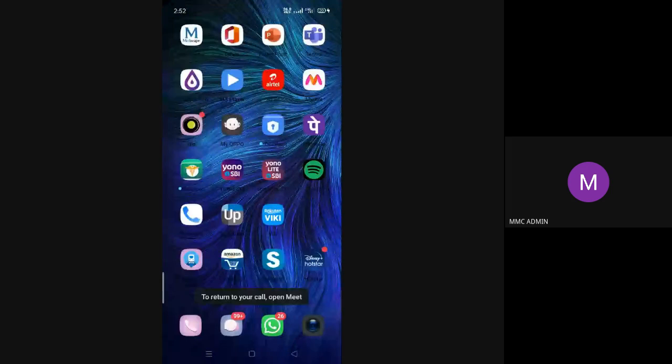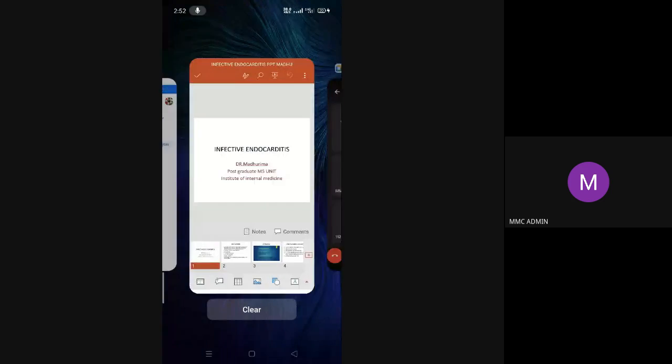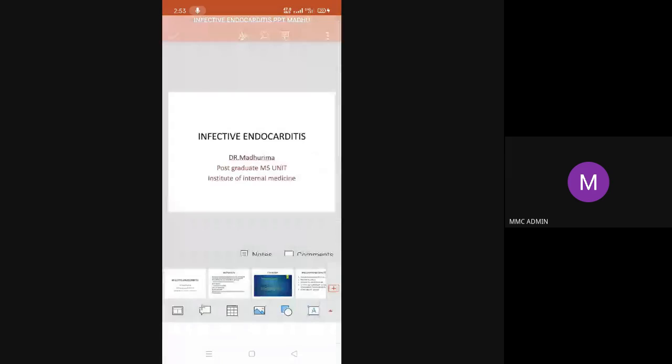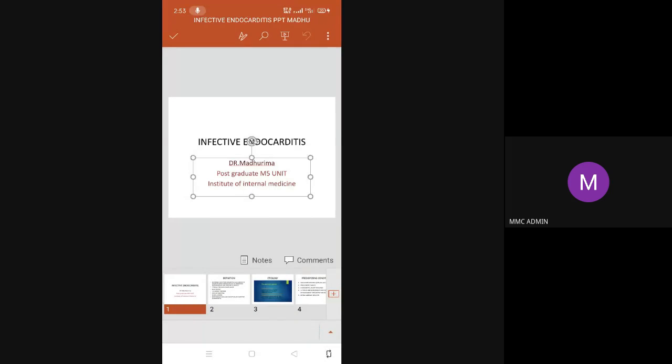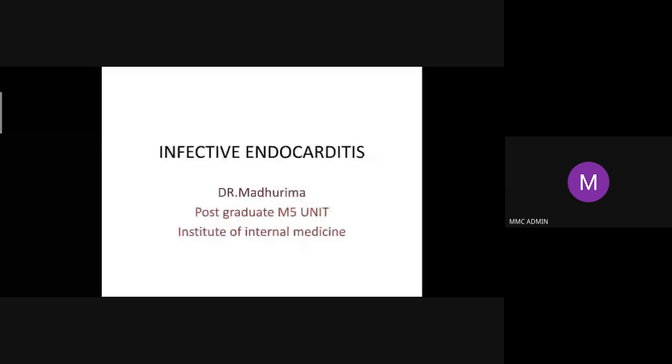Yes, ma'am, we can see now. Can I make the screen landscape, rotate the screen, or use slideshow mode? The font will be bigger. Yes, ma'am, better. Thank you, ma'am. Shall we start, ma'am? Yes, ma'am. Okay, I'll start from the beginning.